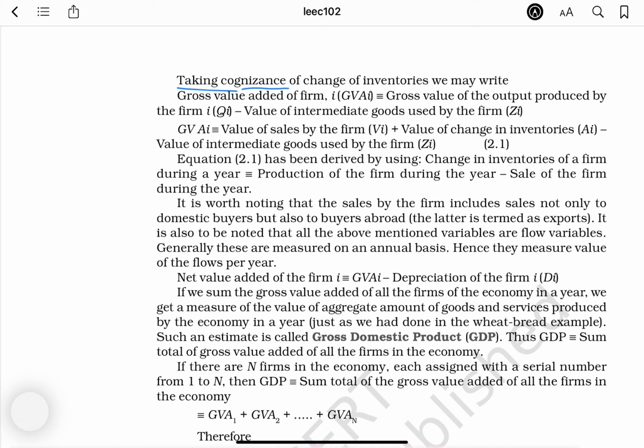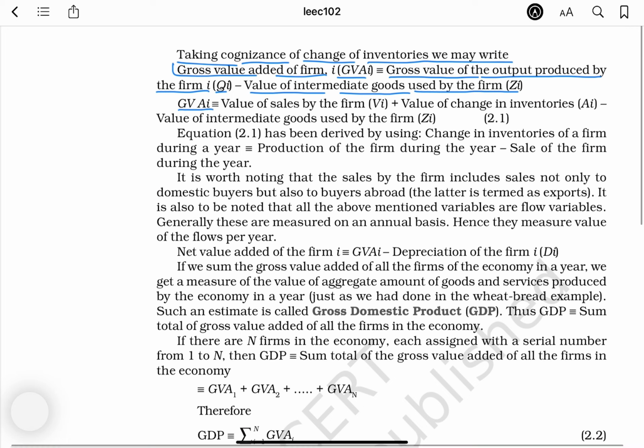Taking cognizance of change of inventories, we may write gross value added of firm i, GVAi, as gross value of the output produced by the firm, Qi, minus value of intermediate goods used by the firm, Zi.